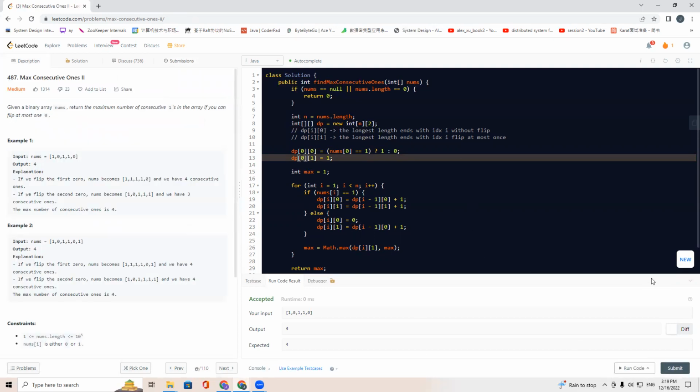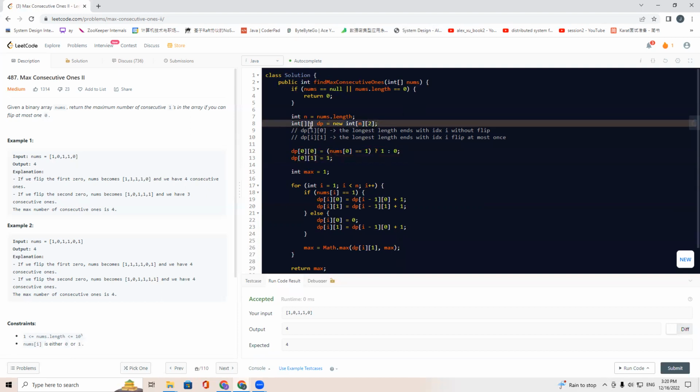Of course, this time complexity will be O(n), right? Space complexity is O(n) multiplied by 2, that is also O(n), and we can make the space complexity better, to be constant.